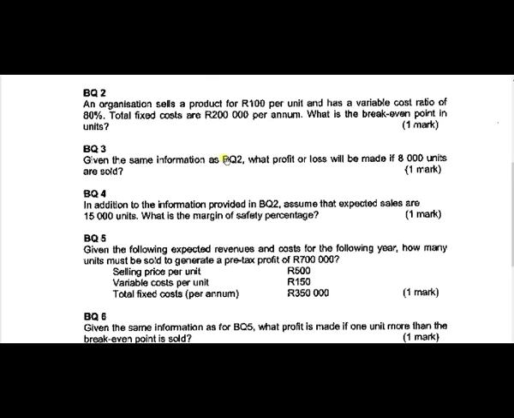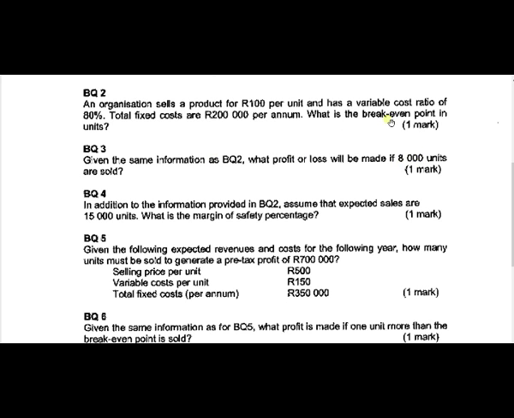So for BQ3, let's look at it here. You are given the units and the rest of the values are from BQ2. Let's replace these values here. We have the selling price from BQ2 and the units is 8,000.